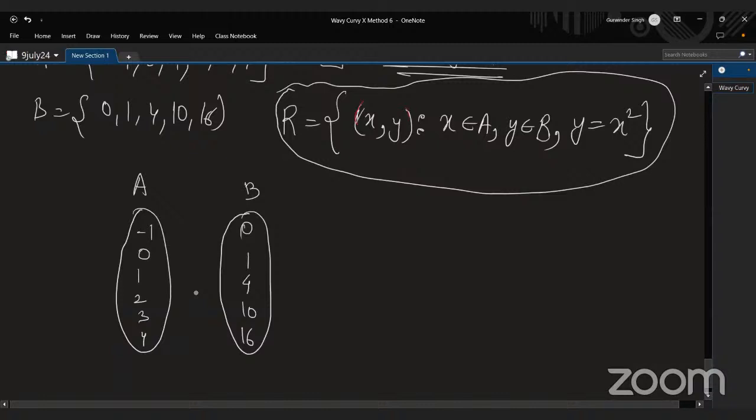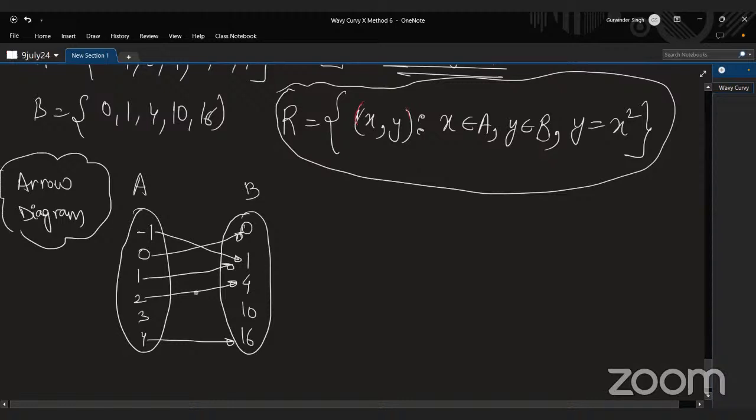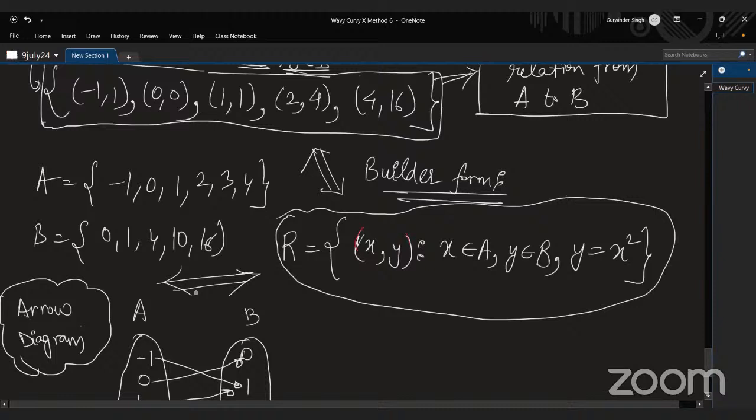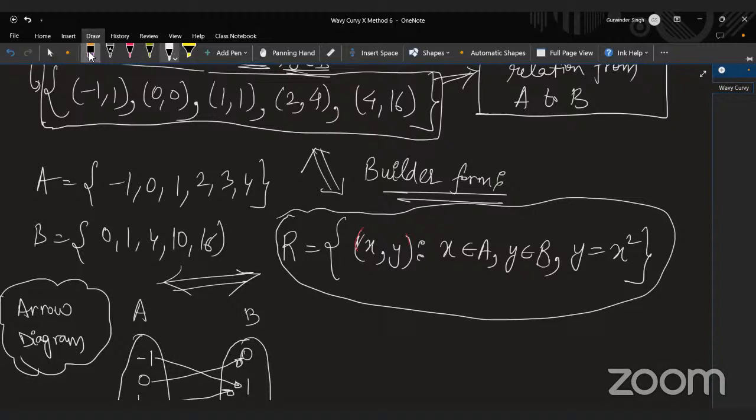And then draw the arrows. So this is my arrow diagram. With just one example, I have made all three clear. And actually, these three things are equivalent. If I draw any one of them, I am trying to represent the same meaning.